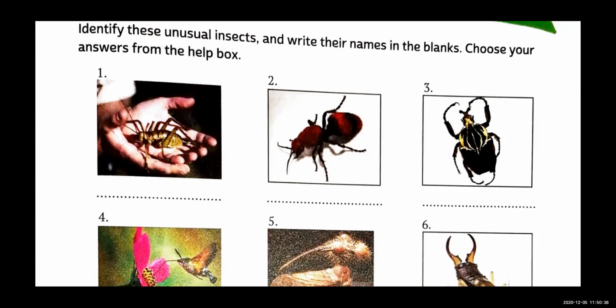Moreover, this insect was initially in large number, but now it is found only in a particular area. It existed even during the time of dinosaurs, so it is as old as dinosaurs, right, children? So these are a few features about this insect.